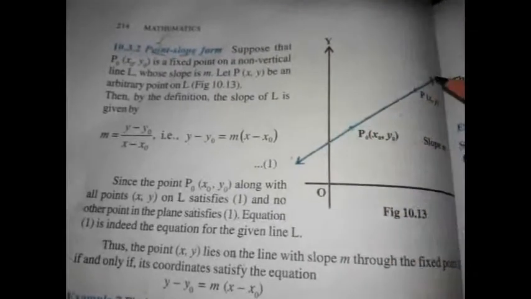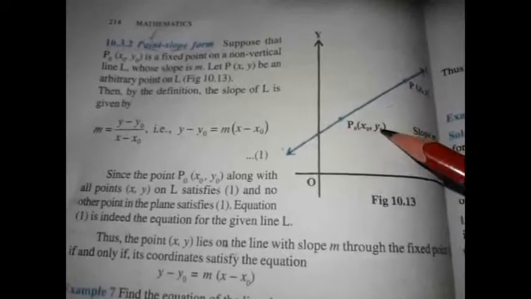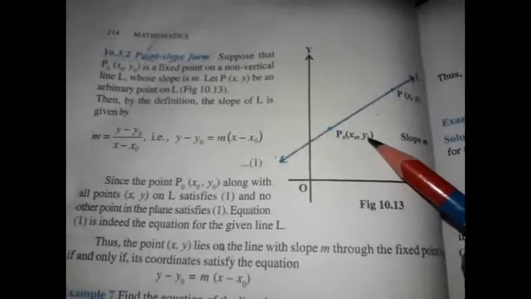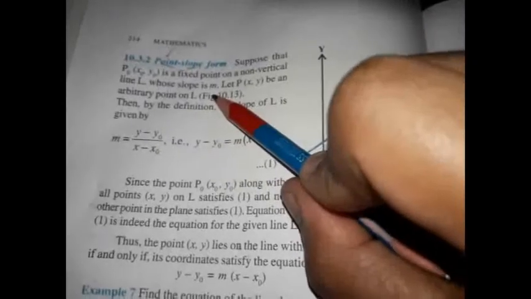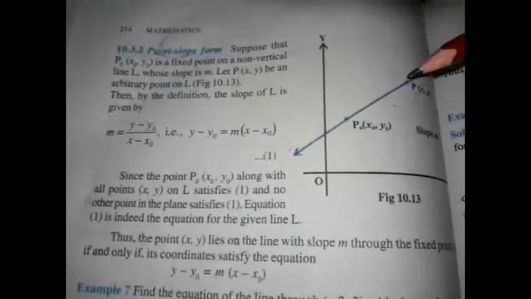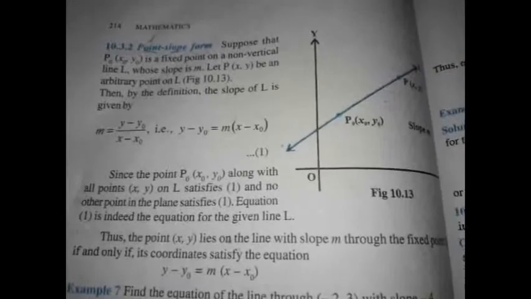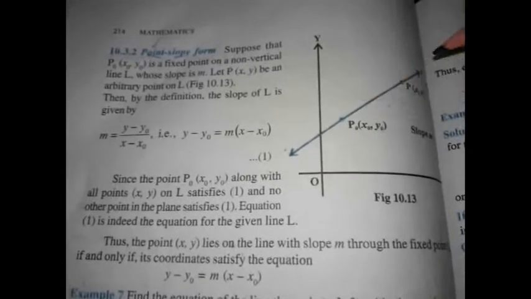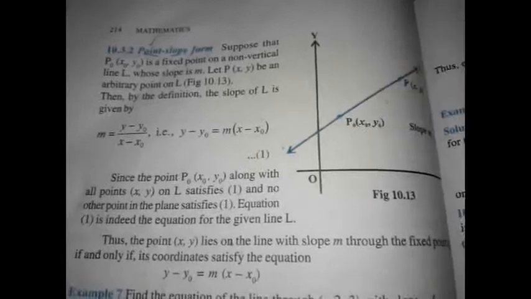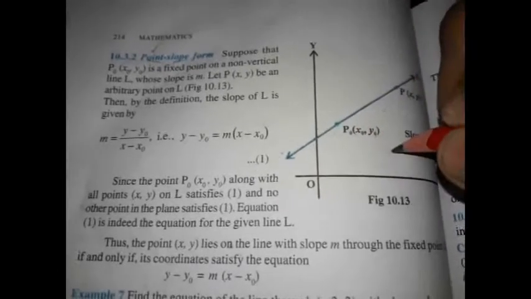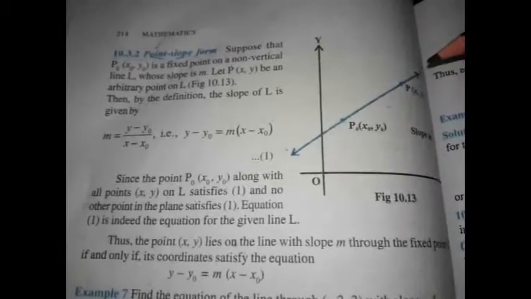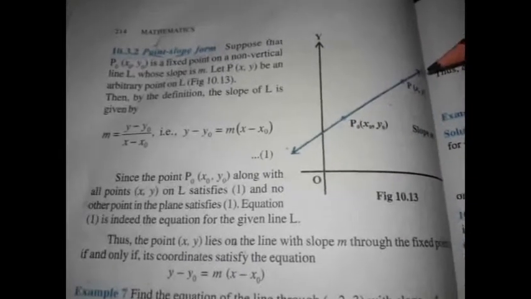See, this is a line, and P0 (x0, y0) is a fixed point on the line, and let m be the slope. Let P(x, y) be any arbitrary point on the line. The slope is denoted by m.